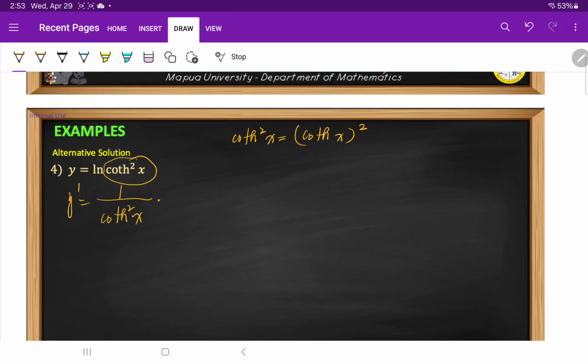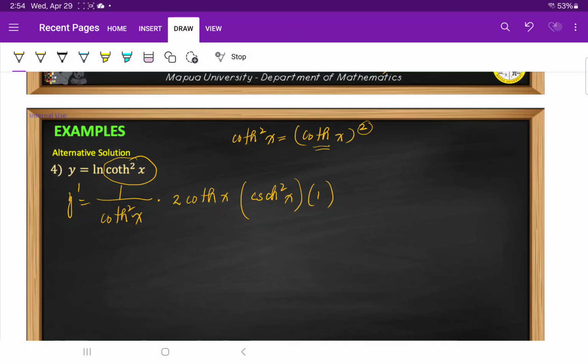So the derivative, we use here u to the n. So we have n hyperbolic cotangent x to the 2 minus 1. And the derivative of hyperbolic cotangent is negative hyperbolic, it's positive, positive hyperbolic cosecant square x times 1.